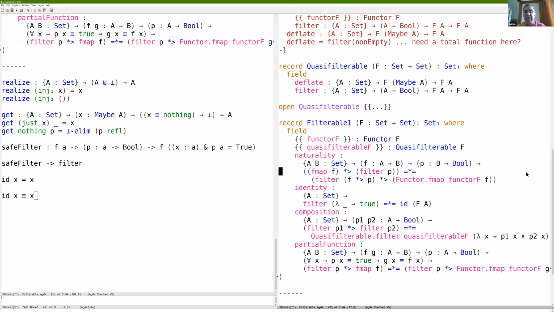So the fact that we use an ID here, at least in this one law, suggests to me that we have some way of comparing, or at least proving, that the application of these two functions, namely a filter that always returns true and ID, that the results of those will be equal somehow. And that suggests that we have a way of talking about filterable structures that are not equal.